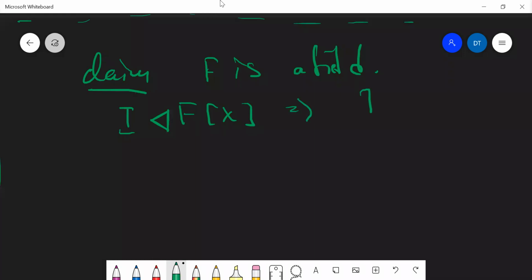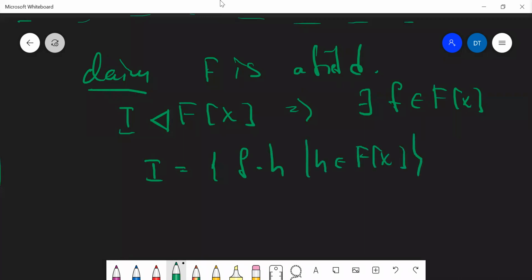Then there exists a polynomial F such that I is of the form F times H, where H goes through all the polynomials here, and the name for this set is F in parentheses. So every ideal in this ring consists of polynomials divisible by a fixed polynomial F. For every ideal, we can find a specific polynomial F such that all elements of this ideal are just multiples of this polynomial.